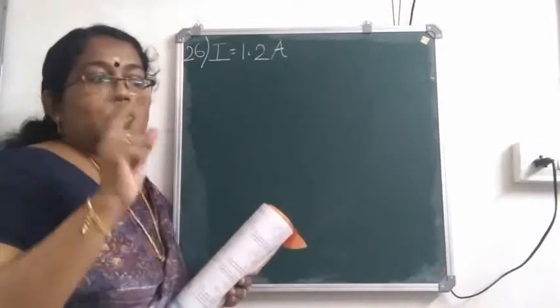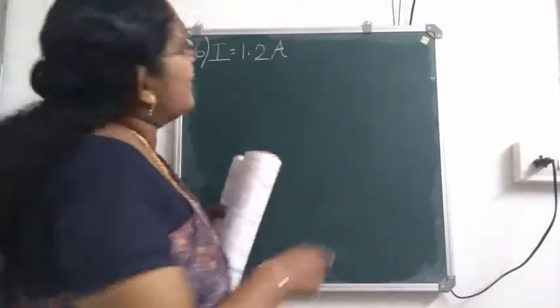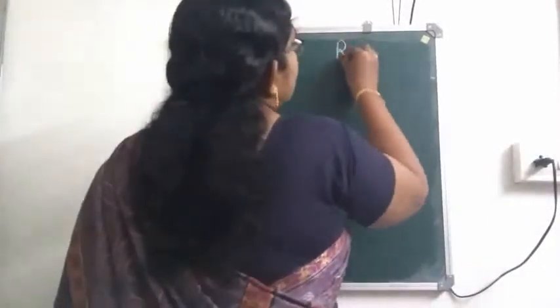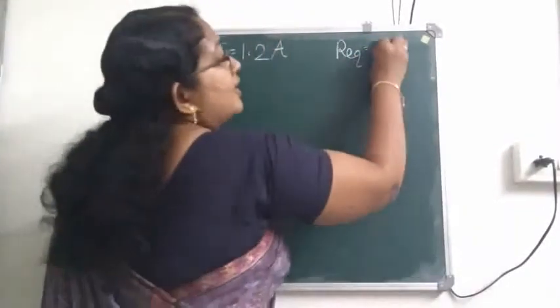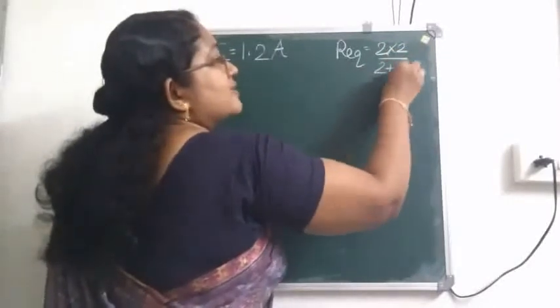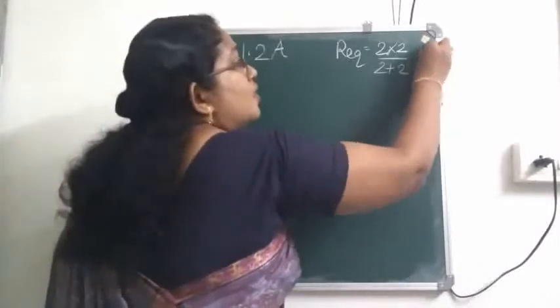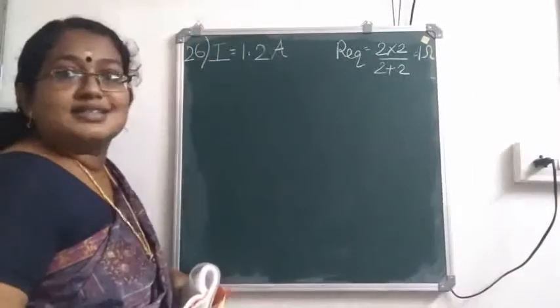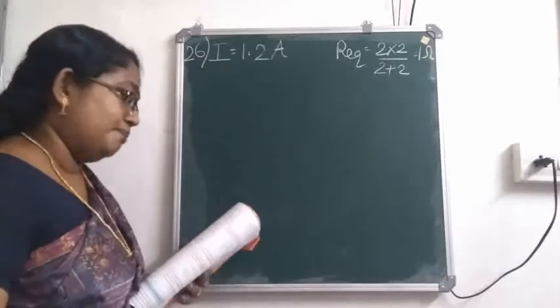Okay. So what will be the equivalent resistance here? In the case of parallel connection, it is R1 R2 by R1 plus R2. So 4 by 4, which is equal to 1 ohm. So 1 ohm is the equivalent resistance when the two resistors are connected in parallel.